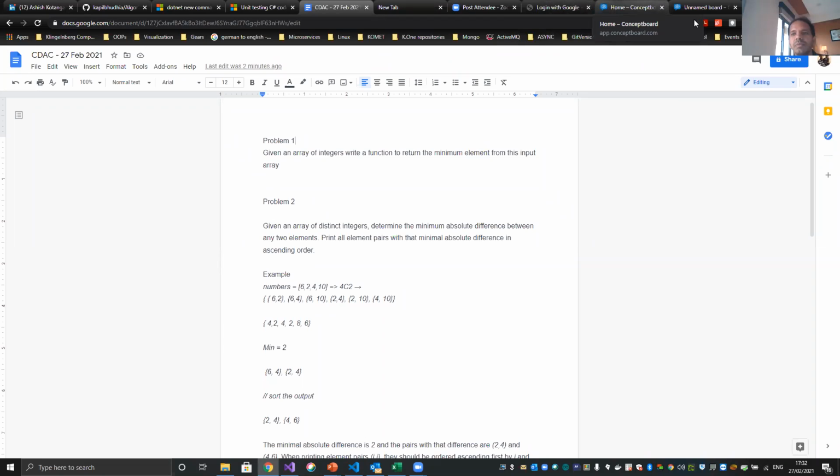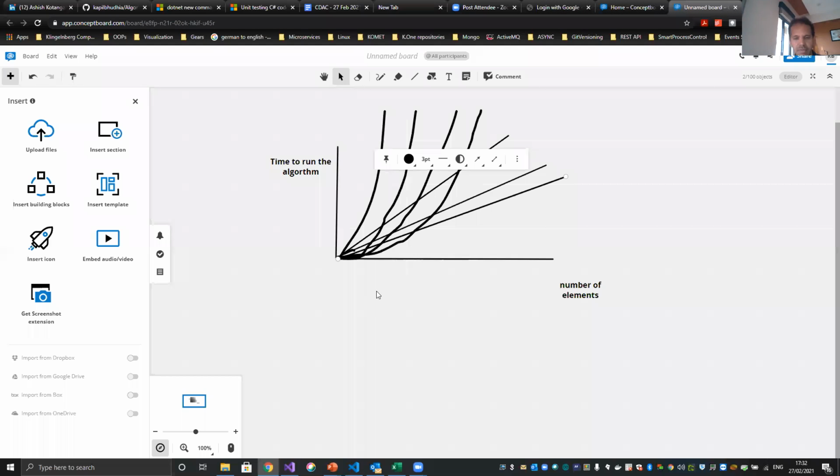So we go back to this, right? And when I said something is linear, if this graph looks like a straight line, that means the runtime of the algorithm depends linearly on the number of elements, which means it increases or decreases in a fixed proportion, in a constant ratio.